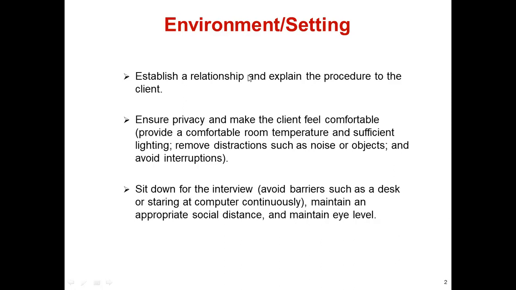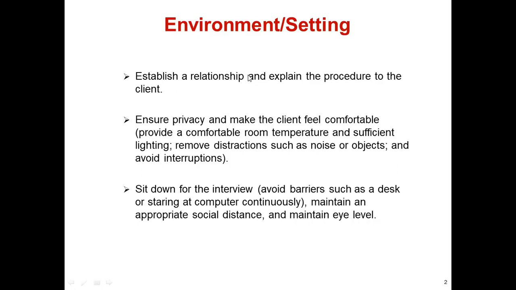If your patient does not feel comfortable with you, they will not share their story. When the patient does not share the story, you will not get a proper medical history. If you do not get a proper medical history, you cannot go for the assessment.